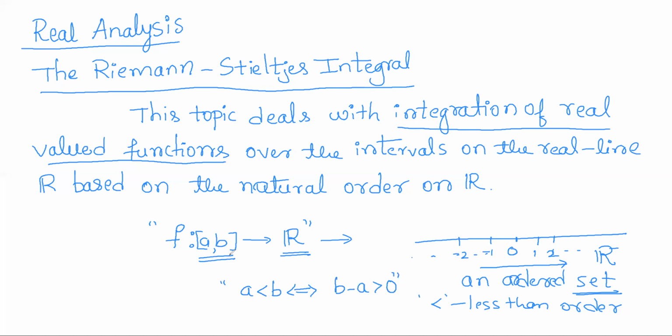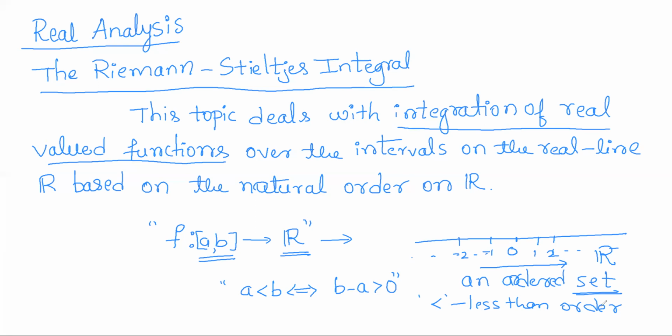And how we will integrate? We integrate these functions using the nature of real numbers, using the arrangement of real numbers, how they are arranged from smallest to biggest. So using that nature, using that arrangement, we'll try to integrate these real valued functions.